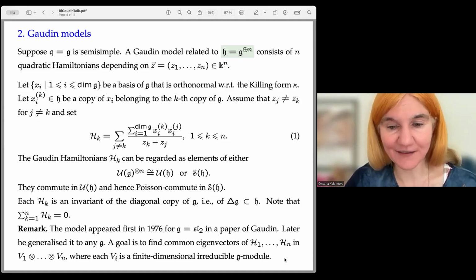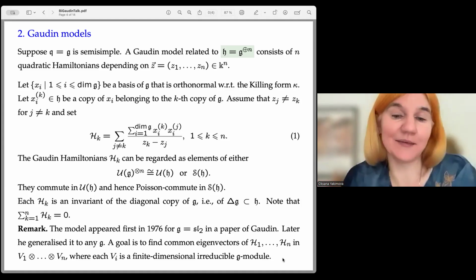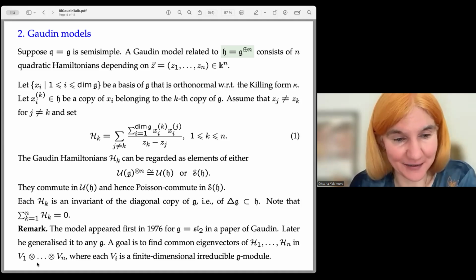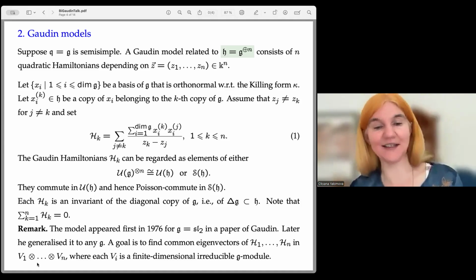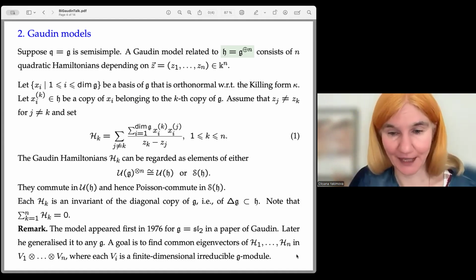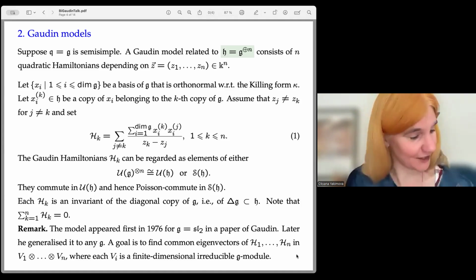The goal in this Gaudin model is to find eigenvectors of these quadratic Hamiltonians in a finite dimensional representation, which is a tensor product of n irreducible finite dimensional representations of G. And there are some methods for computing eigenvectors and eigenvalues.